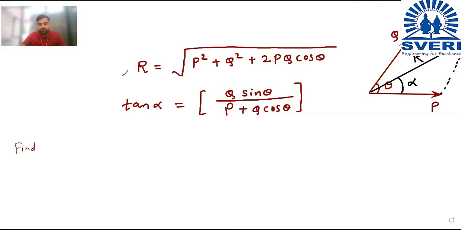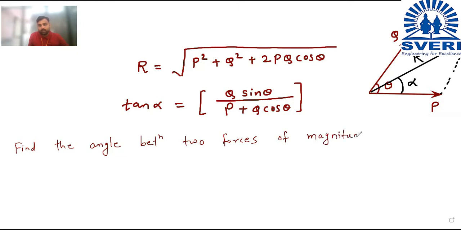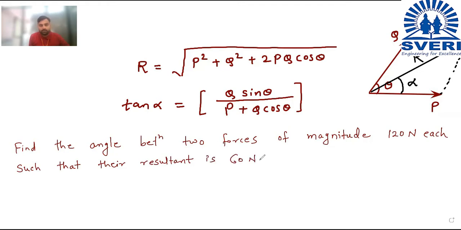Find the angle between two forces of magnitude 120 Newton each, such that their resultant is 60 Newton.